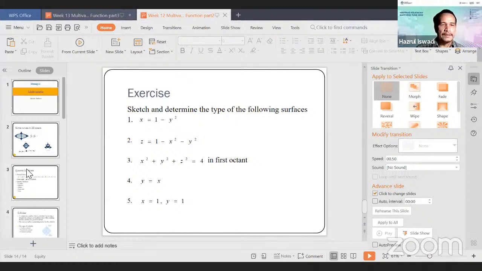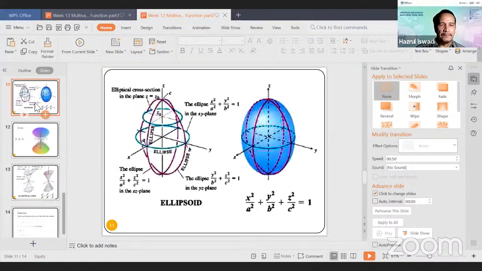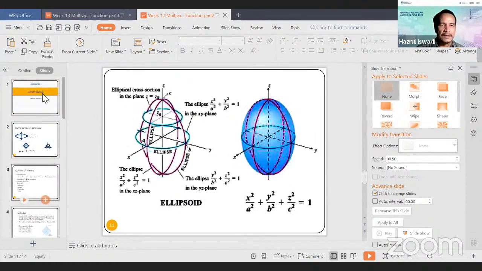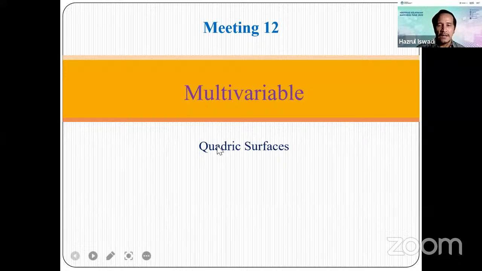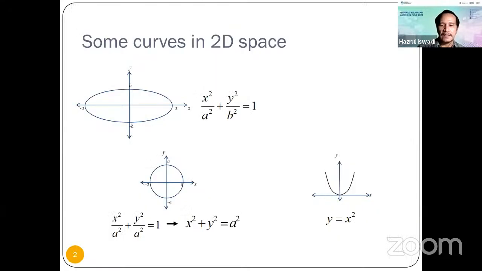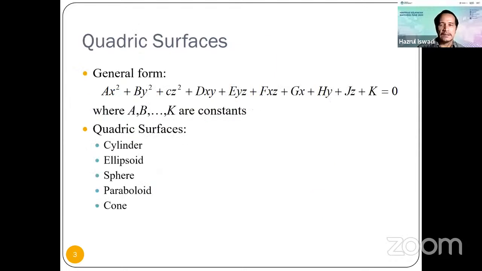Okay, this is meeting 12 in the last week. We talk about quadric surface. Quadric surface is the surface that comes from these formulas.